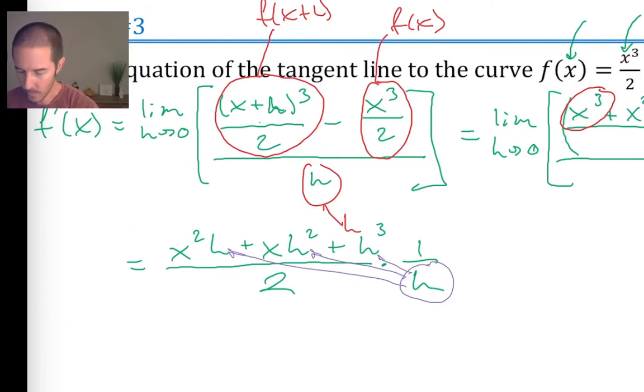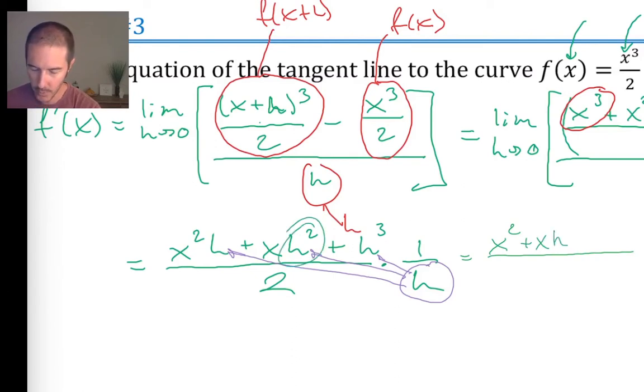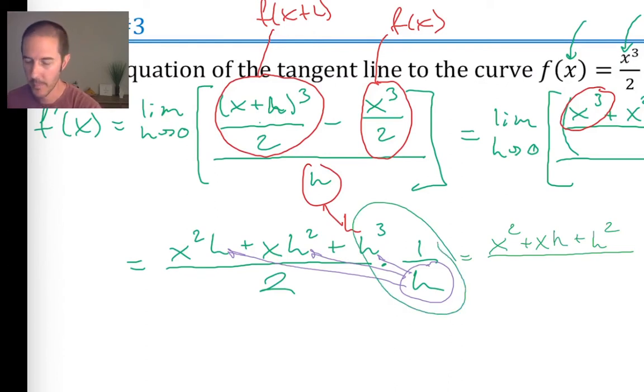And the result of that will be the x squared is still there, but the h canceled out, plus x times h to the first power only, because one of those h squareds canceled out, plus h squared, because one of these 3 multiples of h canceled out with the 1 in the denominator. And our denominator of 2 is still there.